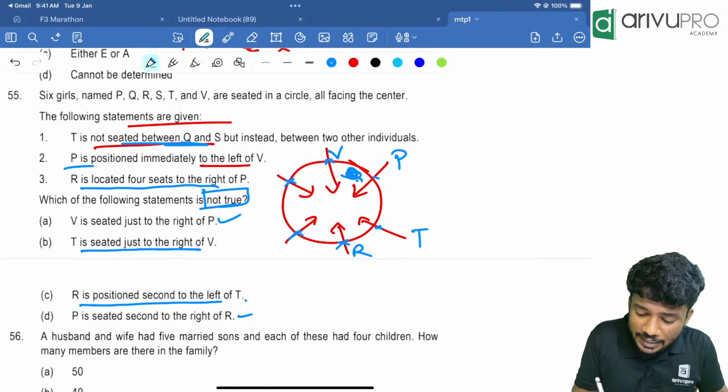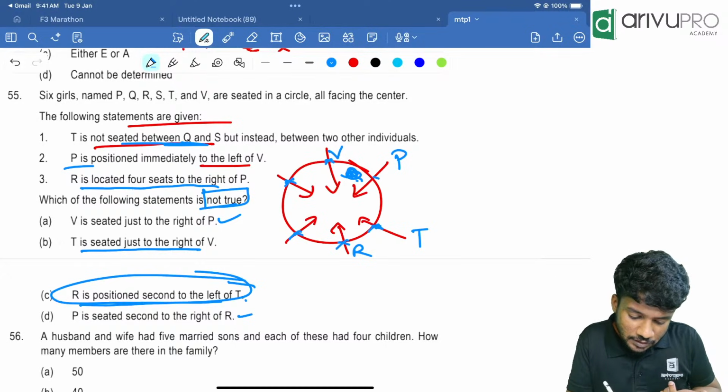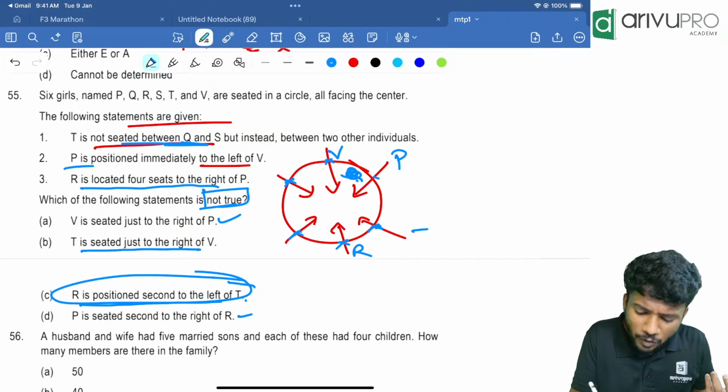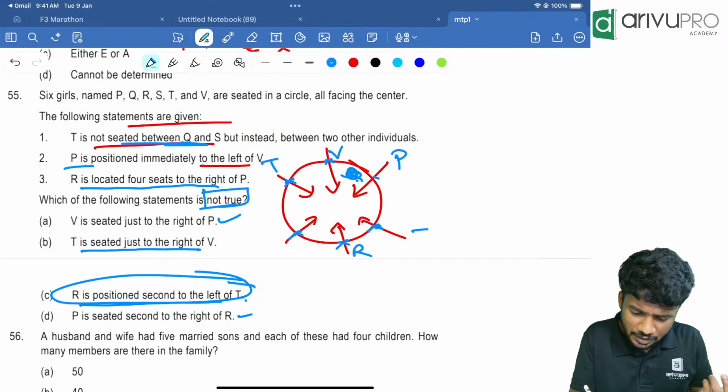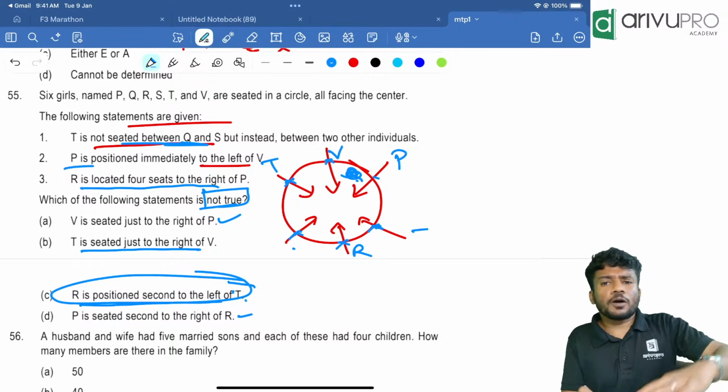R is positioned second to the left of T. R is not positioned second to the right of T. That is not correct. T just to the right of V is a possibility we can take. If I put T over here, then T is seated just to the right of V is possible. Then R is positioned second to the left of T is not possible. So we can go for option C over here.